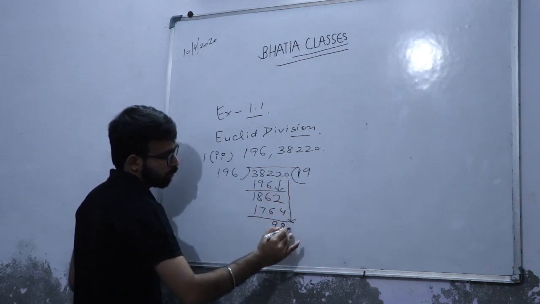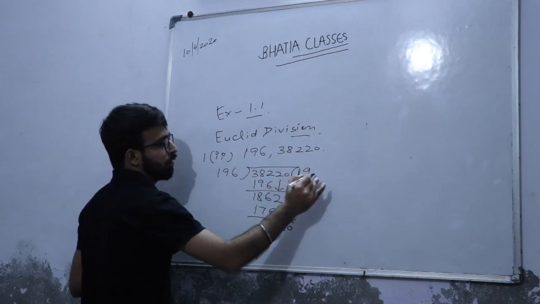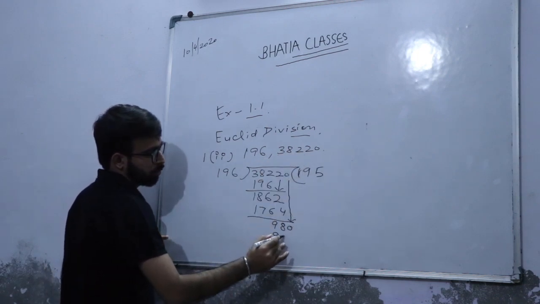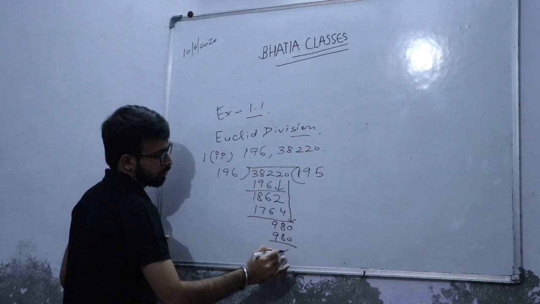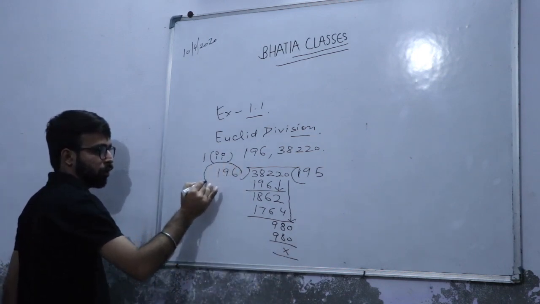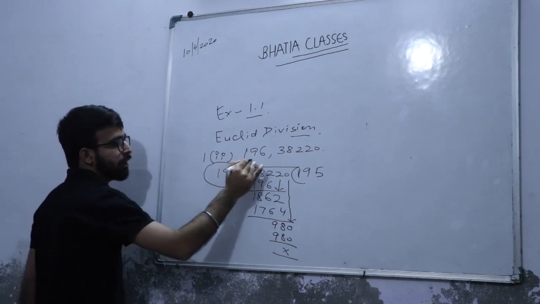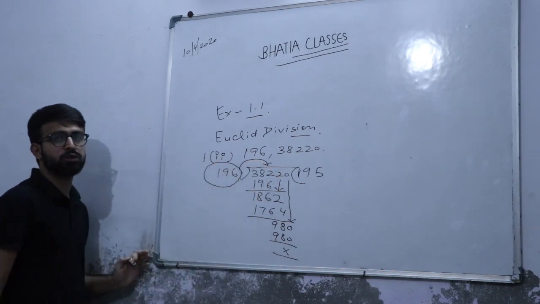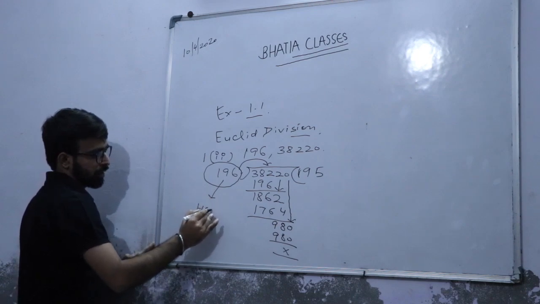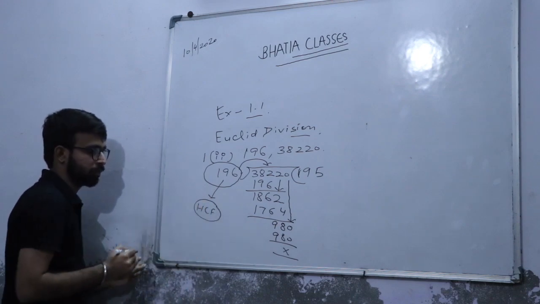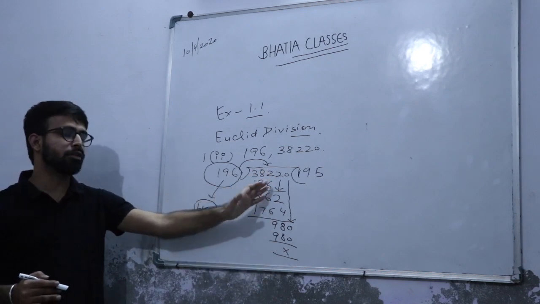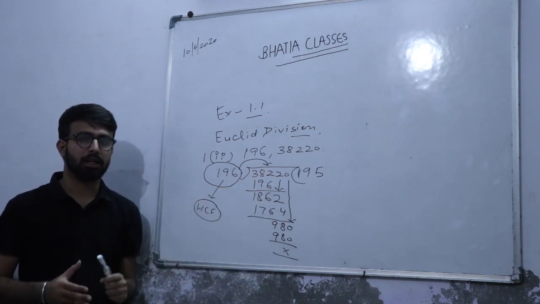Now taking 0. Again it will be multiplied by 5. You got 980. Cross. What will you see that? 196 completely divides 38220. Therefore, this is known as the HCF. If the number can be divided completely, then you have to divide it completely first.